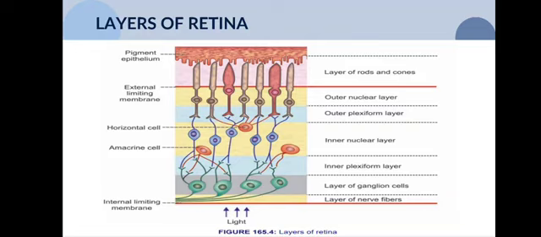They are the second order neurons in the visual pathway, and then the layer of nerve fibers will continue as the optic nerve. Now that is all about the layers of the retina.